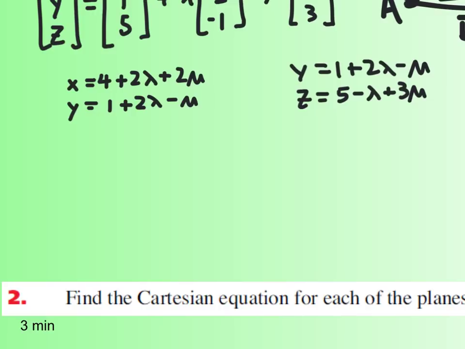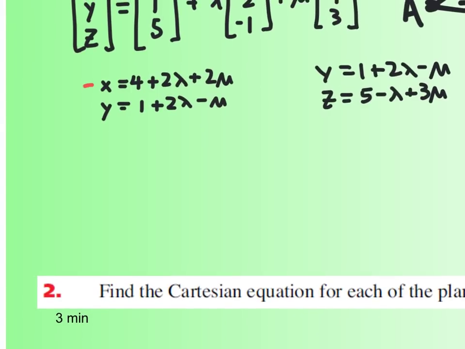It looks like there really isn't an easier variable to eliminate, so I'm going to eliminate mu. In order to do that, I'd have to multiply the second equation by 2. The x wouldn't change: 4 plus 2 lambda plus 2 mu.